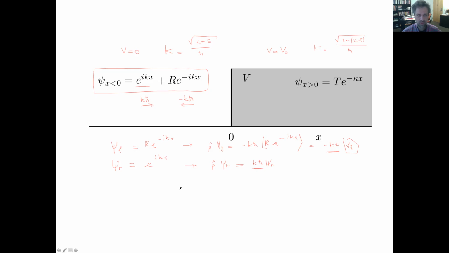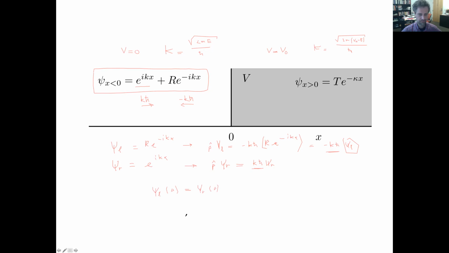One of the boundary conditions is that the left and the right part of the wave function must meet at the barrier and must have the same value, because there cannot be a discontinuity. That's one of the conditions for wave functions. So that means that the wave function on the left at location 0 must be equal to the wave function on the right at location 0.